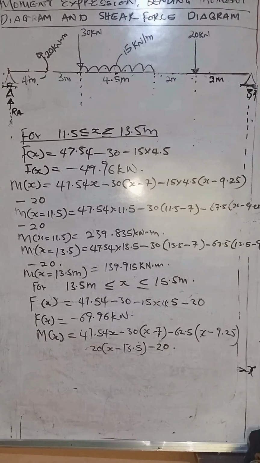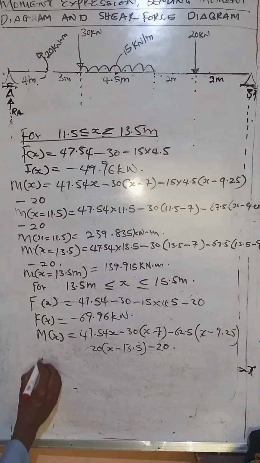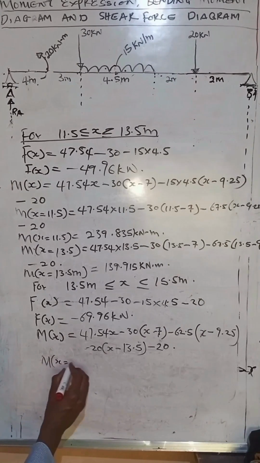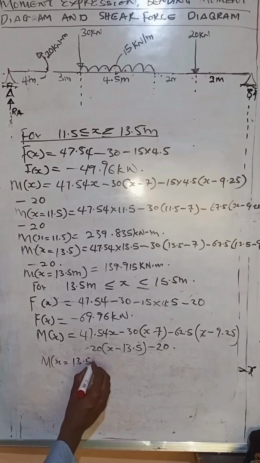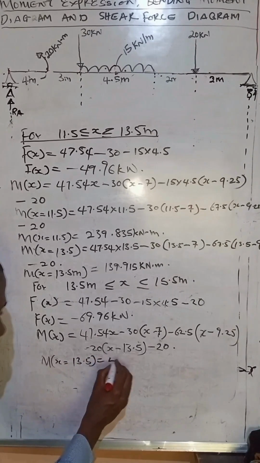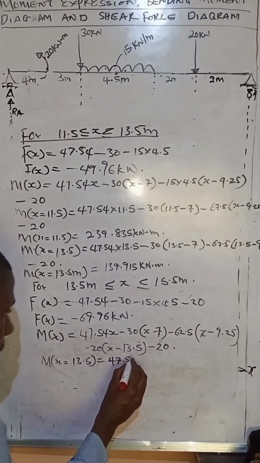So the moment expression for the zone 13.5 to 15.5 is written on the board. Let's substitute when x is equal to 13.5 into that expression.